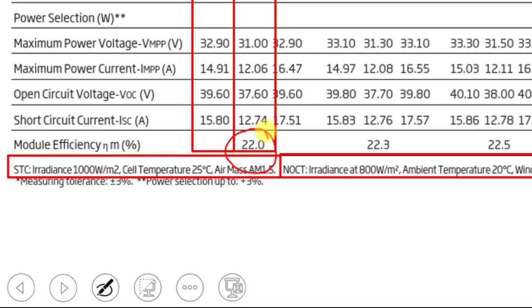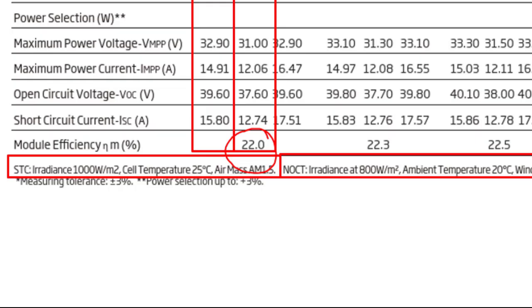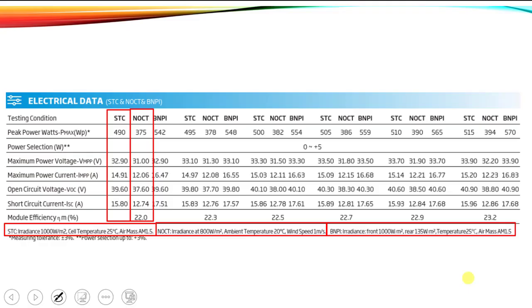Because under various conditions, the module behaves in the same manner in terms of efficiency. The condition changes, the power produced by the PV module changes, but the efficiency remains the same. How efficiency relates to peak power, we will see in the coming lessons.